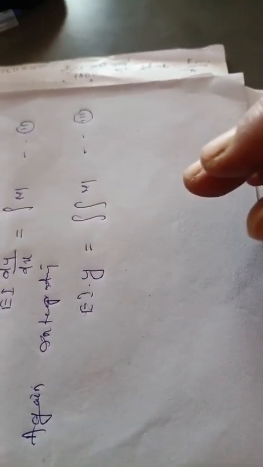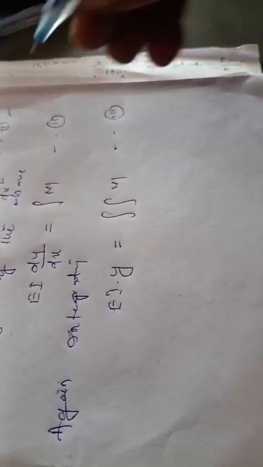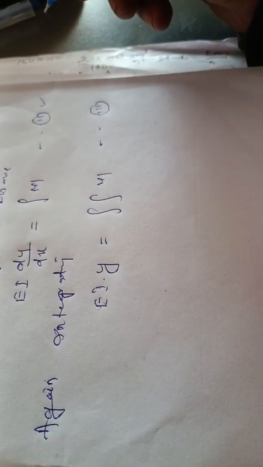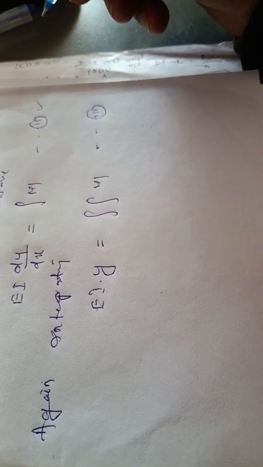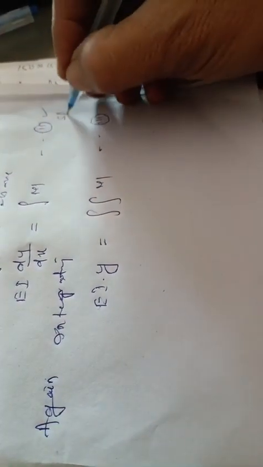In this equation, what we find is that the first integration of the original differential equation gives the value of slope, that is the slope at any point.